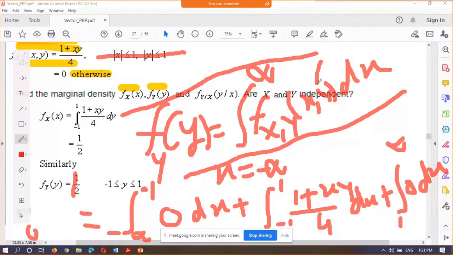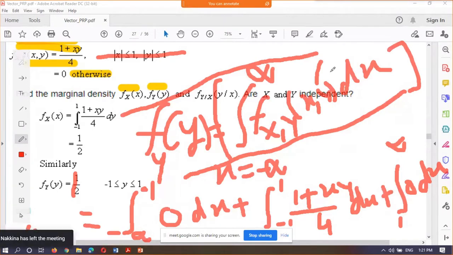But after that, it's basic integration that you already learned in your 12th or in your engineering also. And if you are not able to solve this integration, it means you have to take care of this. You have to know how to integrate and how to identify the domains also.